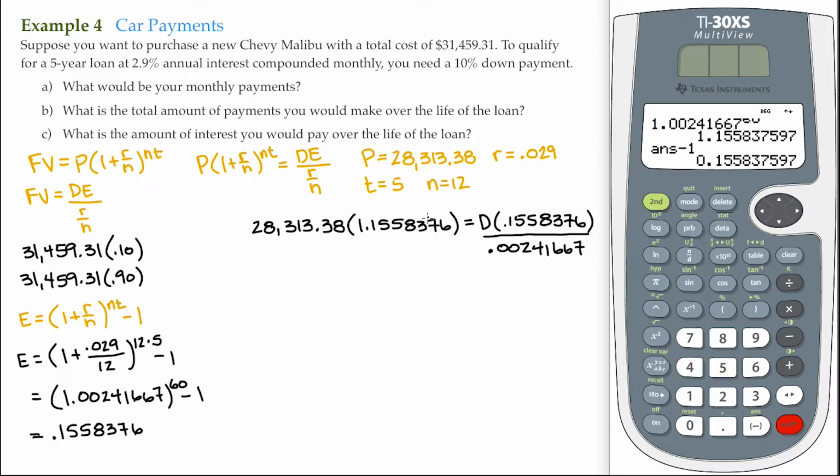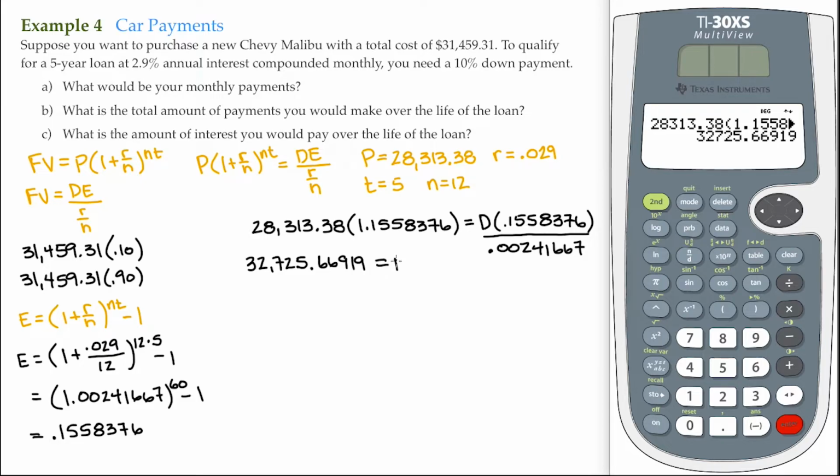So now I could take this, the $28,313.38, multiply that to the 1.1558376. So that's approximately 32,725. That may seem like a dollar amount, but it isn't until we get right to the end. So I'm going to use all those decimals: 32,725.66919.